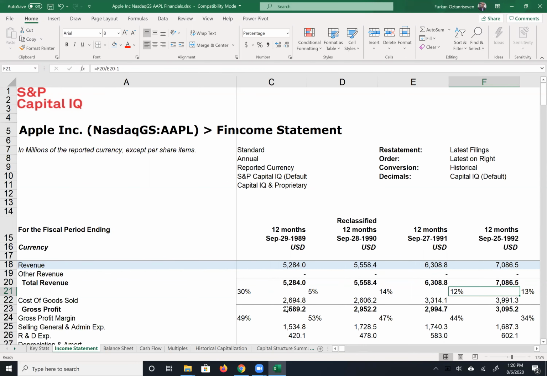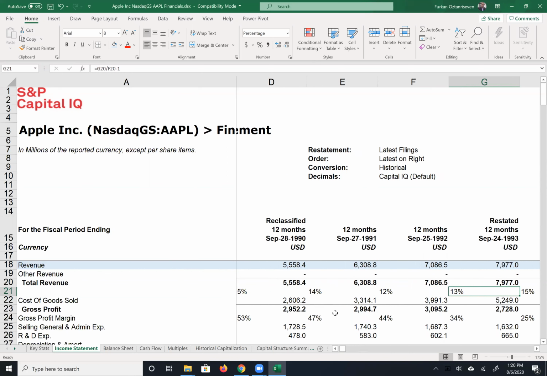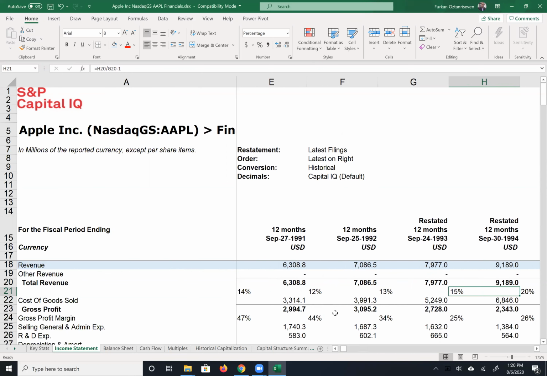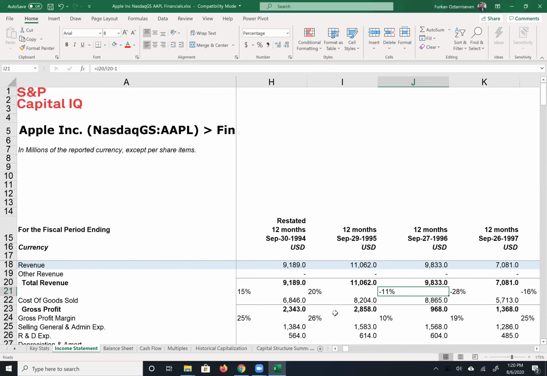You can see that the growth was 30%, 5%, 14%, 12, 13, 15, 20. It looks like in 1996, -11, then -28 in 1997, -16. So it looks like those years were pretty tough. And then Apple started growing again. Again, there was a really bad year in 2001, the dot-com bubble.